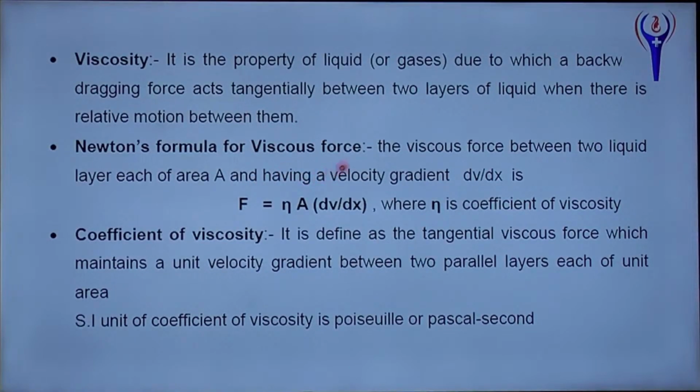Newton's formula for viscous force. The viscous force between two liquid layers, each of area A and having a velocity gradient dv by dx, is F equal to eta A dv by dx. Here eta is called the coefficient of viscosity, defined as the tangential viscous force which maintains unit velocity gradient between two parallel layers each of unit area.